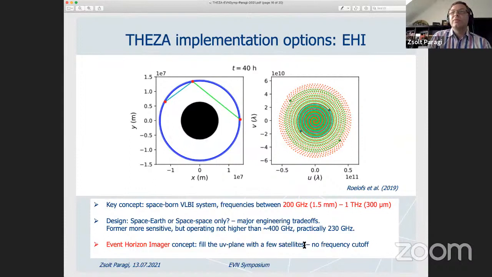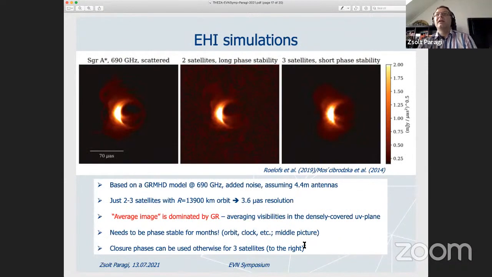This should be in the frequency range of 200 gigahertz to 1 terahertz. And if you have an interferometer like that, then you can possibly make images like the ones shown here. The left one is the model. In the middle, you see a simulated image with just 2 satellites, but assuming that the whole interferometer is phase stable for months.